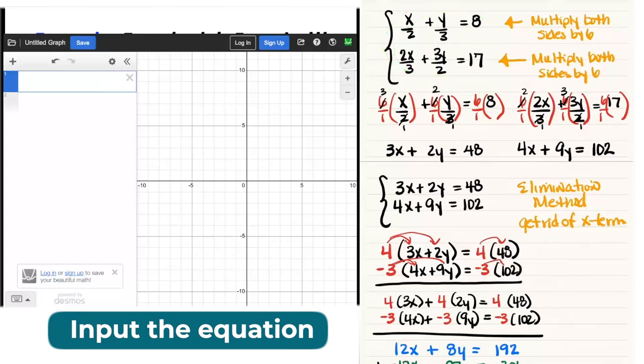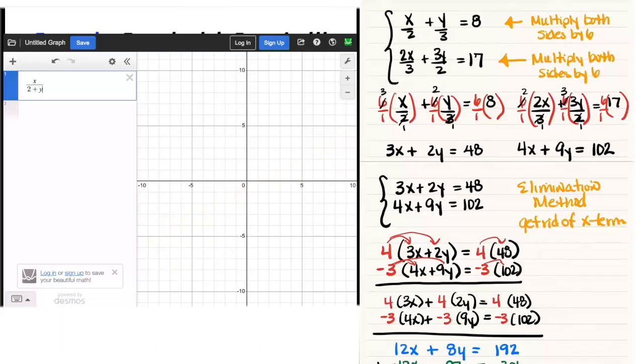So when you do it in Desmos, you can literally just say x over 2 and it's going to change it for you. You see that? X over 2 plus y over 3. Oh, hold on. X over 2, go out of that, plus y over 3, go out of that, equals 8. So that's going to be my first equation.